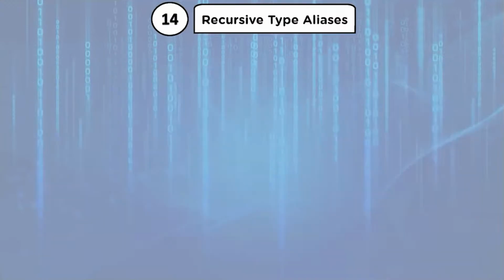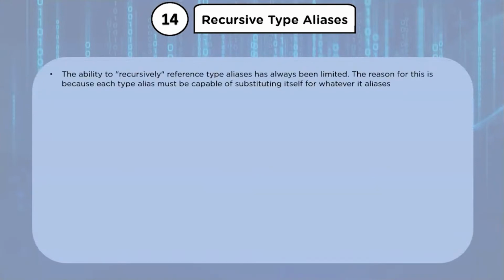And lastly, we have recursive type aliases. The ability to recursively reference type aliases has been limited. The reason for this is that each type alias must be capable of substituting itself for whatever it aliases. Because this isn't always possible, the compiler rejects some recursive aliases.